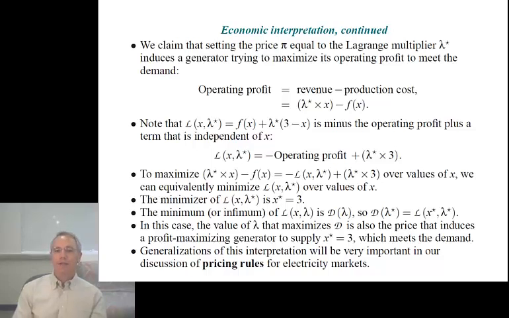So if we set the price equal to the Lagrange multiplier, a profit maximizer will respond with a production that causes production to equal demand. So that's true for one generator, but it turns out that when we generalize that for multiple generators, it's also going to be true, and it's going to be central to pricing rules for electricity markets.